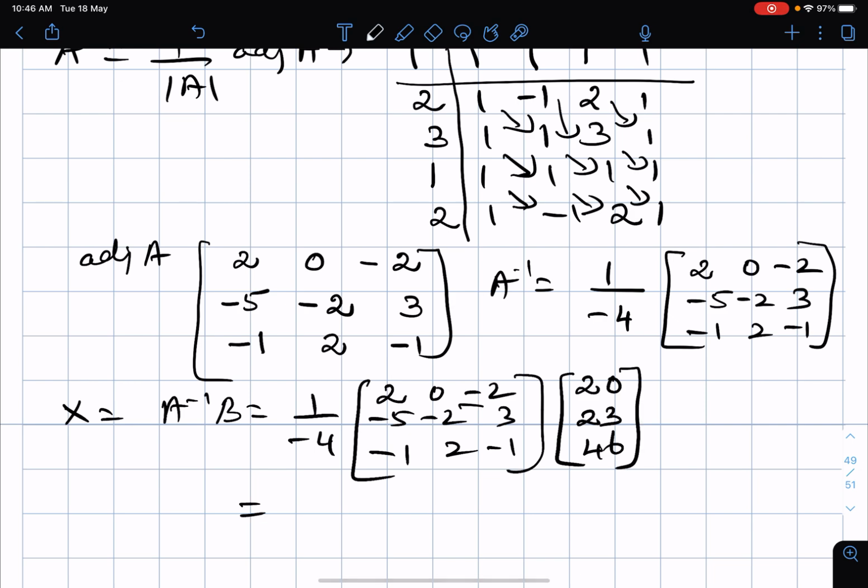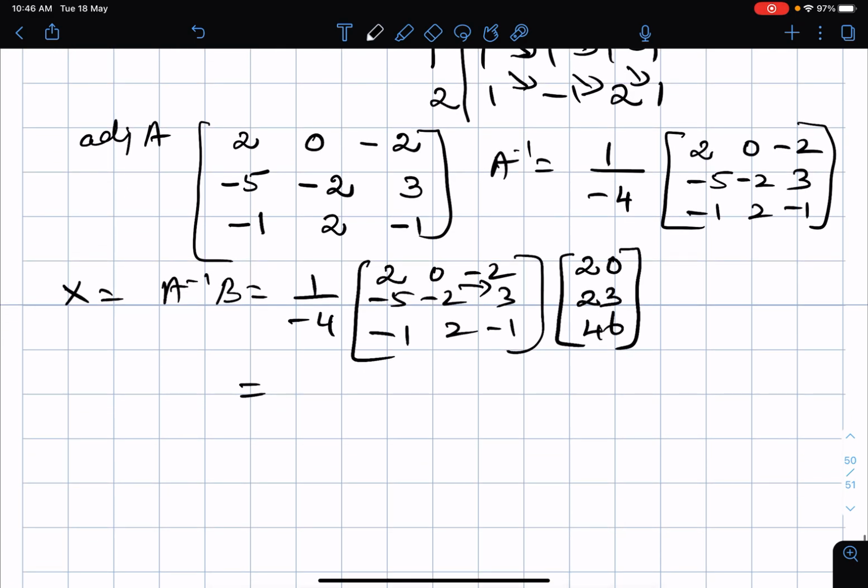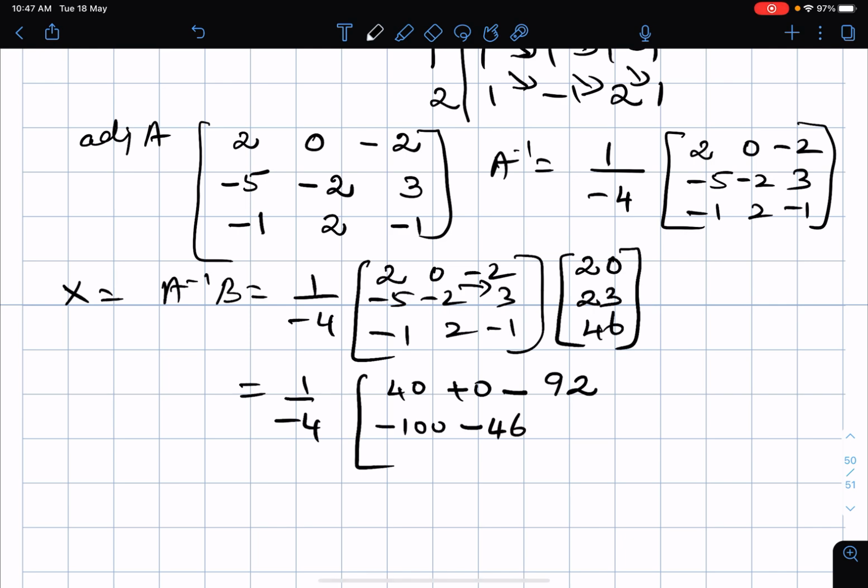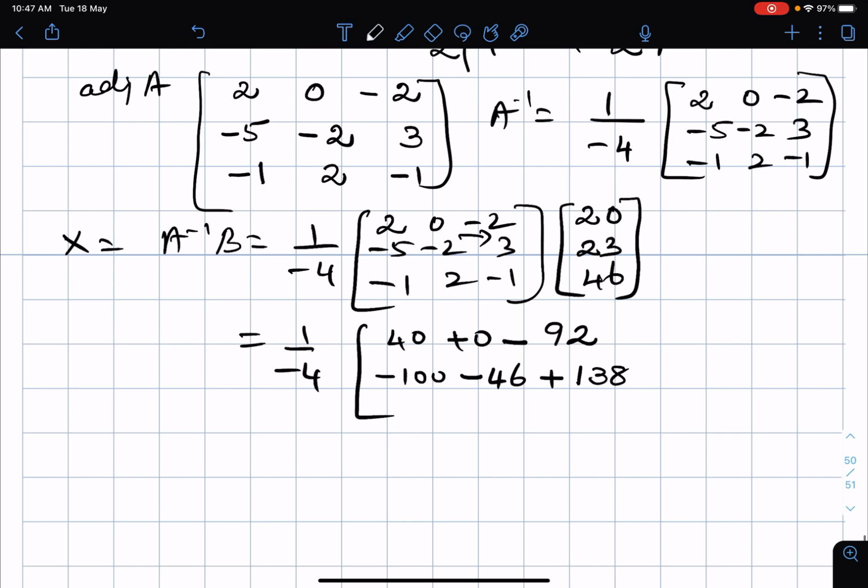Now multiplying row wise, you get a single column, 1 by minus 4 into, multiply and write the answer. So it is 40 plus 0 minus 92. Second row minus 100 minus 46 plus 138. Now coming to our third row, minus 20 plus 46 minus 46.